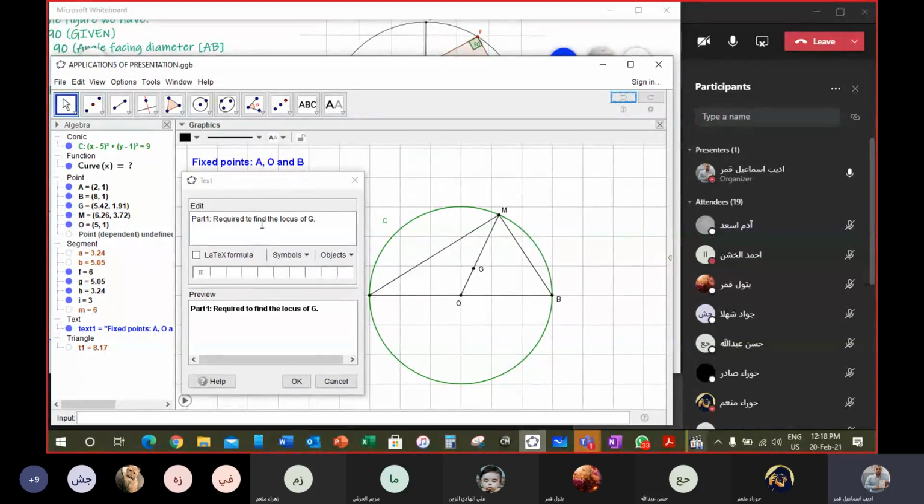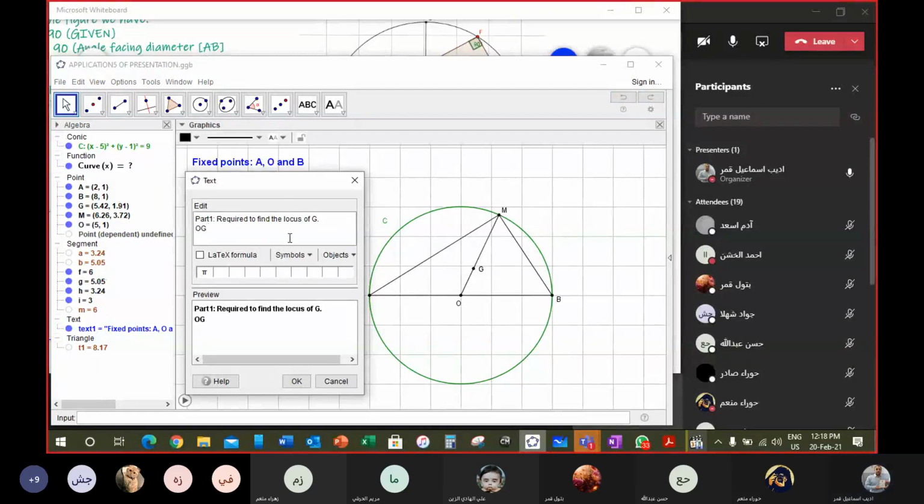Required to find the locus of G. We continue in writing: OG equals 1/3 OM and GM equals 2/3 OM.